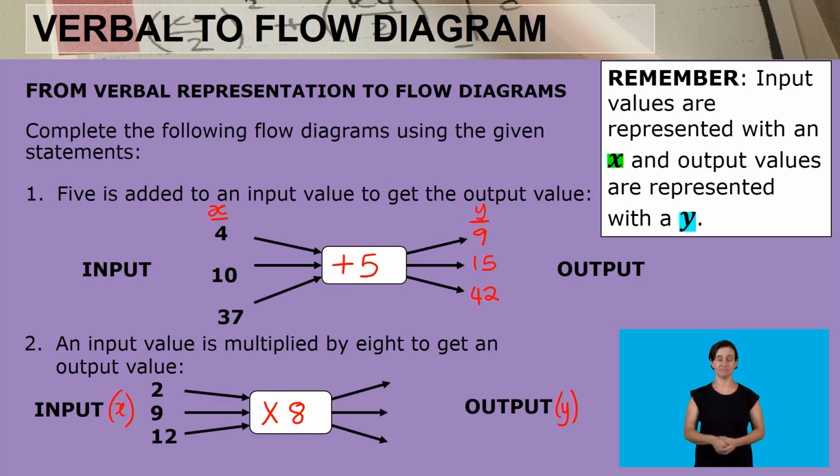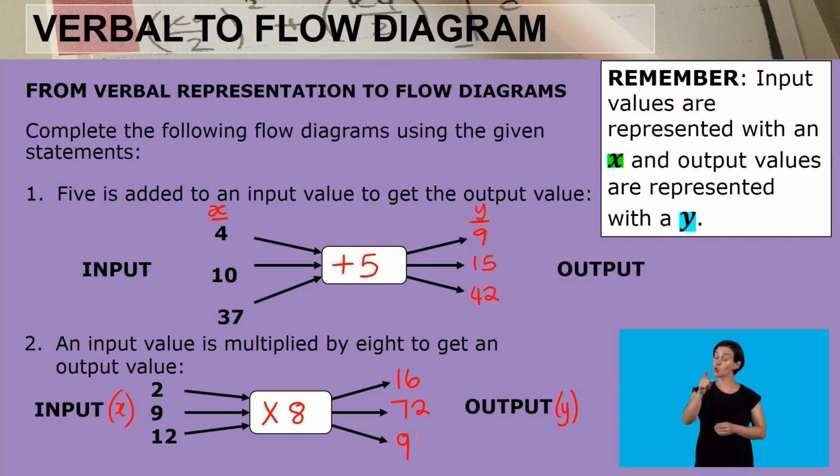So we have the first input value of 2. So 2 multiplied by 8, that is going to give us a 16. Then we have 9 multiplied by 8. That is going to give us a 72. And of course, 12 multiplied by 8, do you know what that answer is?